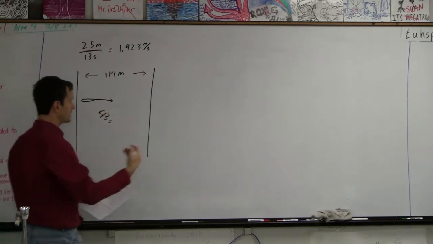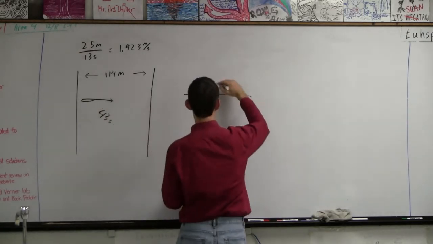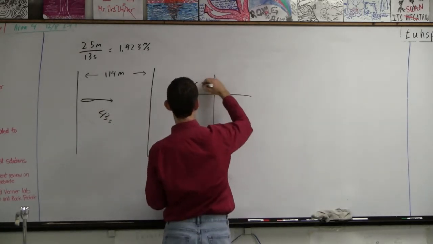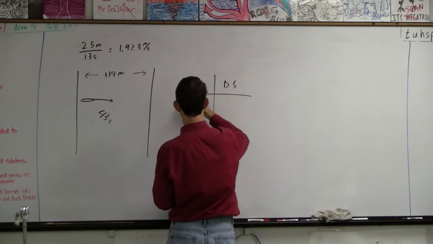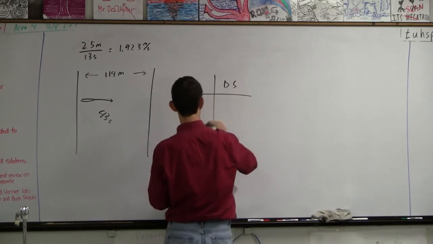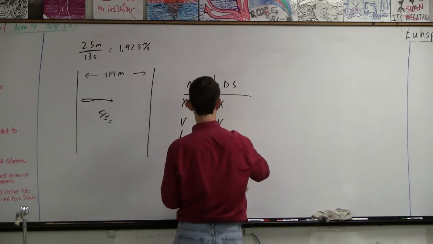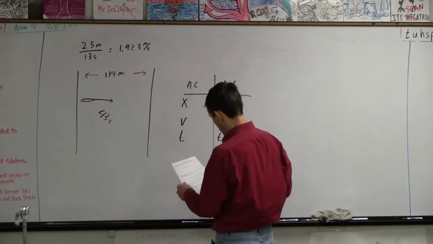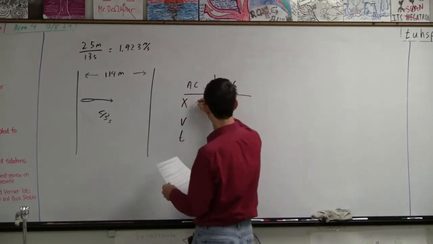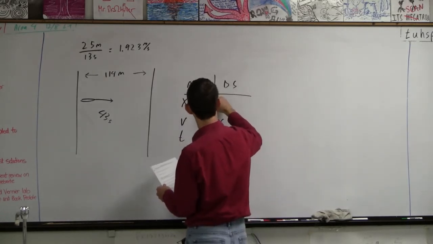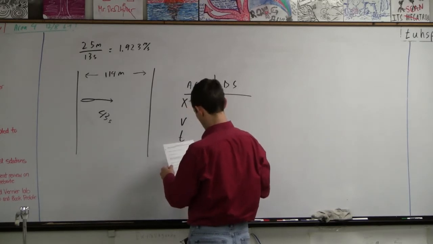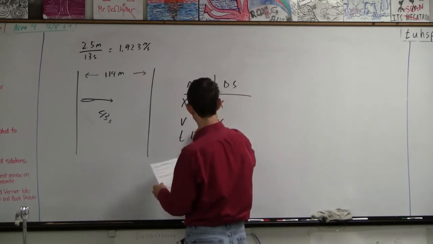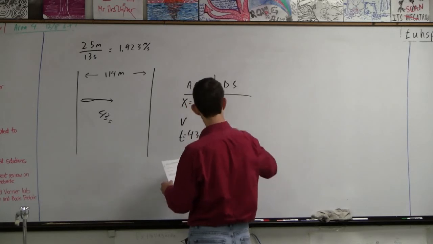So now we can set up our familiar table. We've got across the river, we've got downstream. We've got X and V and T, and that's all we ever have on these problems. The 114 meters is the across distance, and the 43 seconds is our time, and that's going to be the time for both of these.